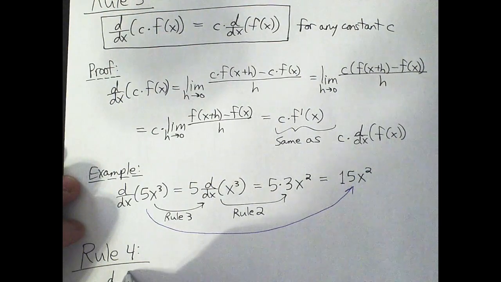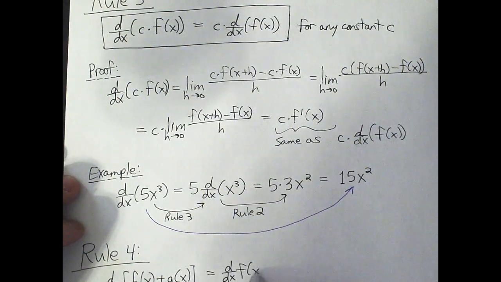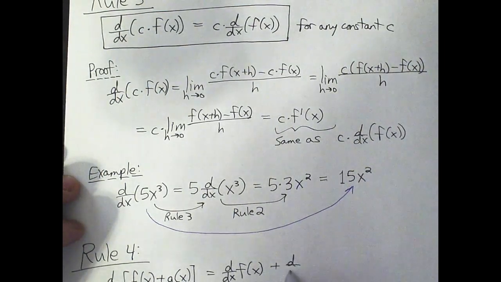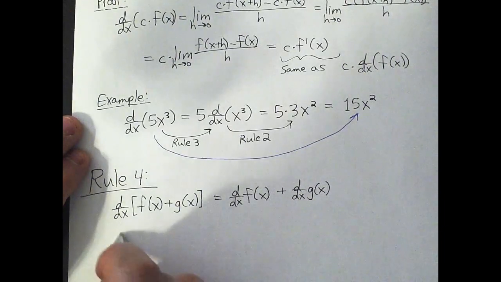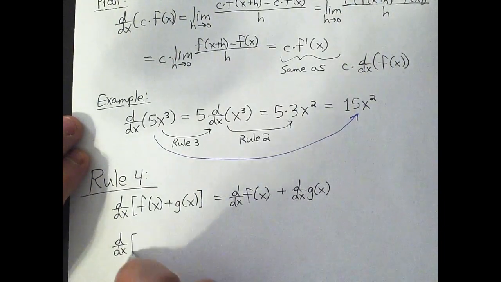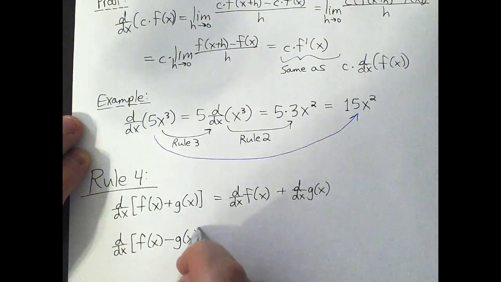So rule 4 says if you have the derivative of a function plus a function, it equals the derivative of the first function plus the derivative of the second function. And I said this was 2 rules in one, and it also works for subtraction.